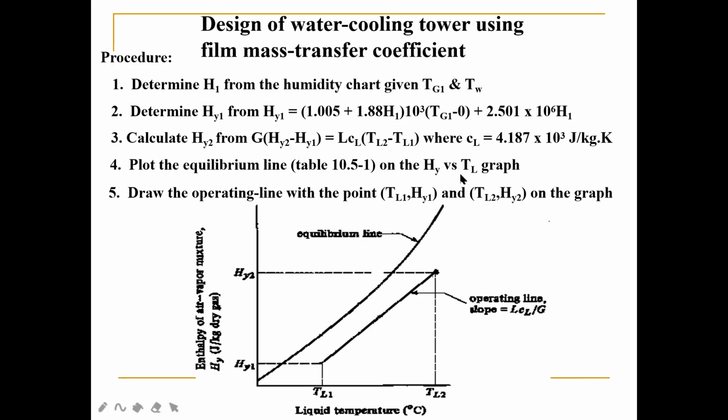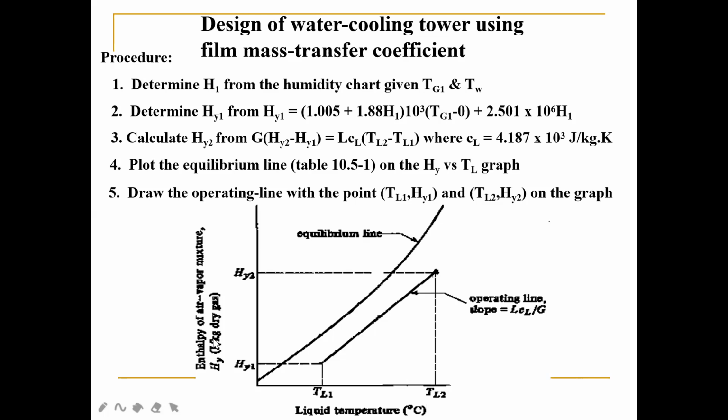I will show you how to do this, and then you will have to draw the operating line with the points TL1, HY1, and also TL2, HY2. And in the end, this is how your graph should look like.